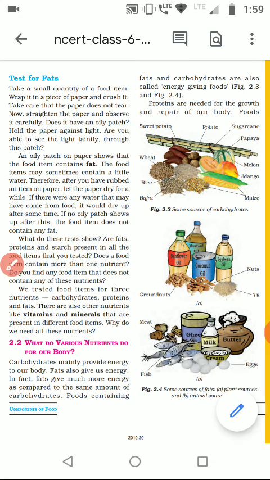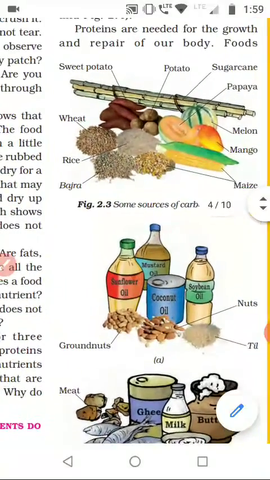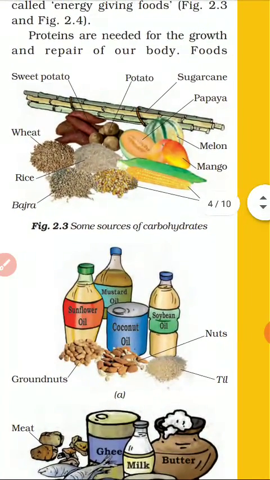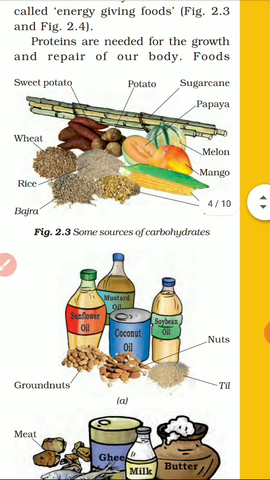Now let us understand this energy giving food. Some sources of carbohydrates are already mentioned in the picture of your textbook. Bajra, rice, wheat, sweet potato, potato, sugarcane, papaya, melon, mango, maize, all these are rich in carbohydrates. Carbohydrates include all different types of sugars like glucose, sucrose, fructose, maltose.